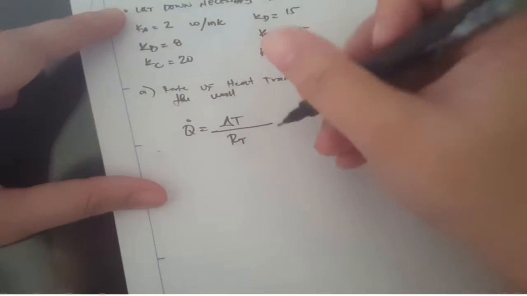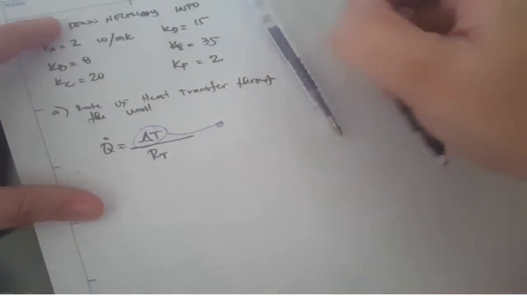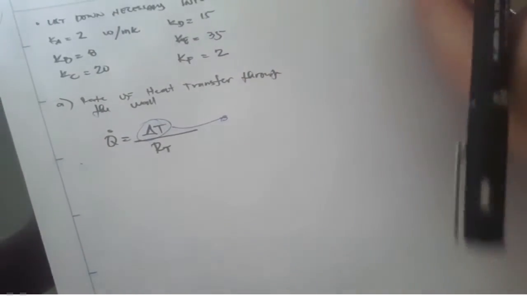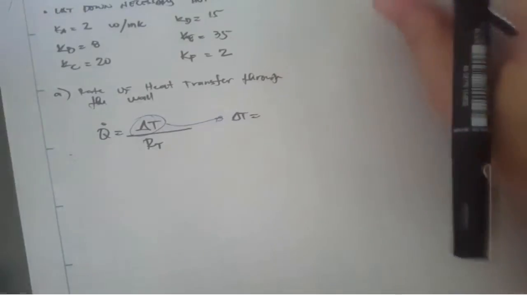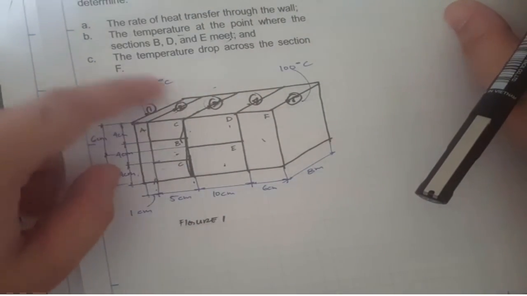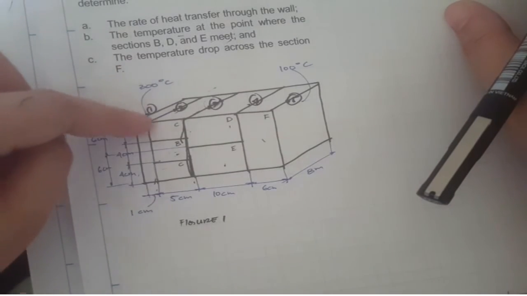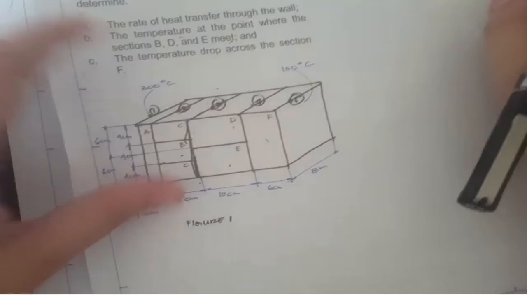Okay, now our delta T here. If we analyze this, since this is our figure, our delta T is just equal to the temperature at point 1 minus the temperature at point 5.